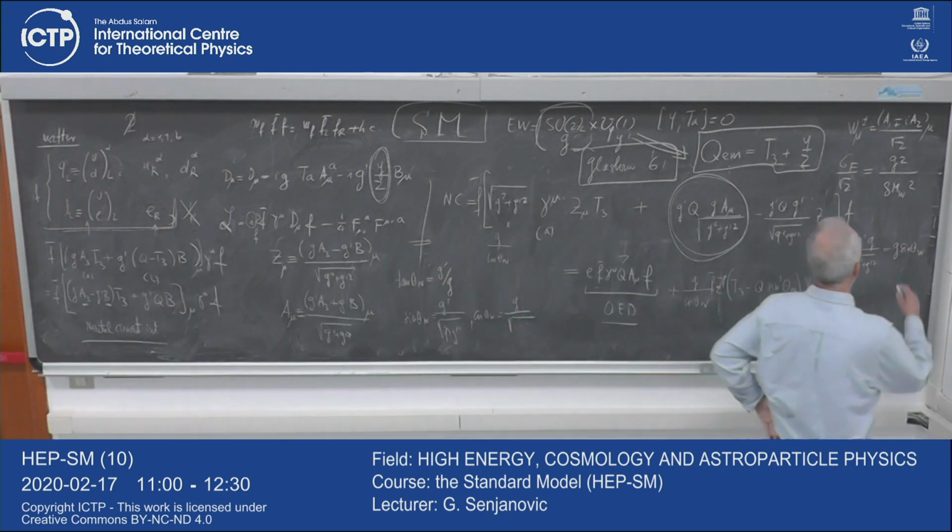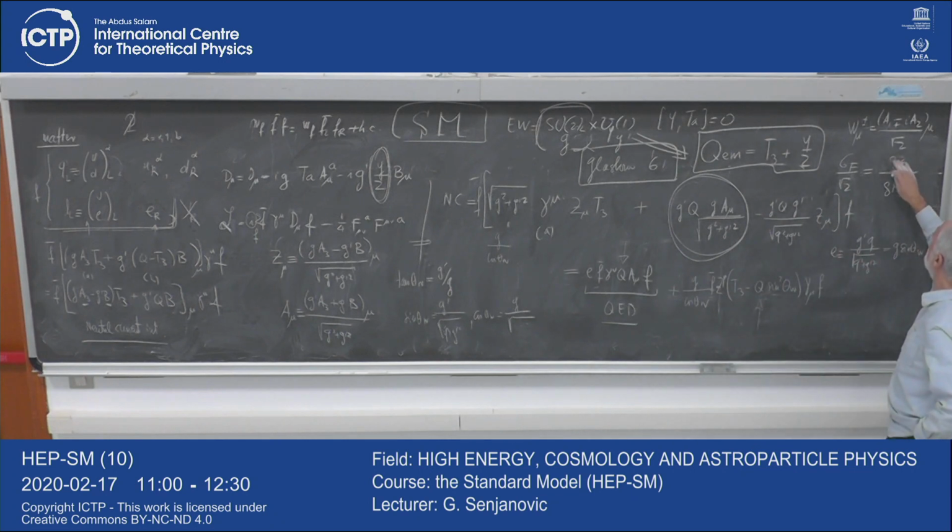Notice that because of this, I can write the thing as E squared over sine squared theta W. Right? E is G sine theta W.